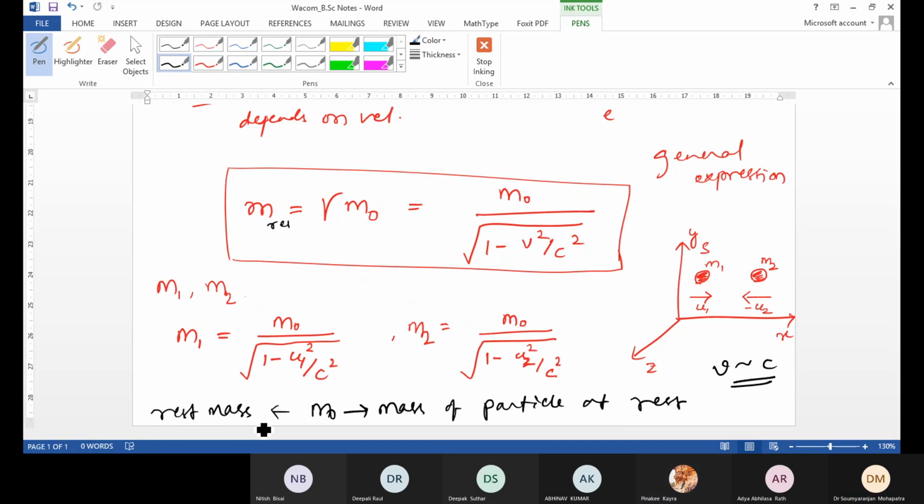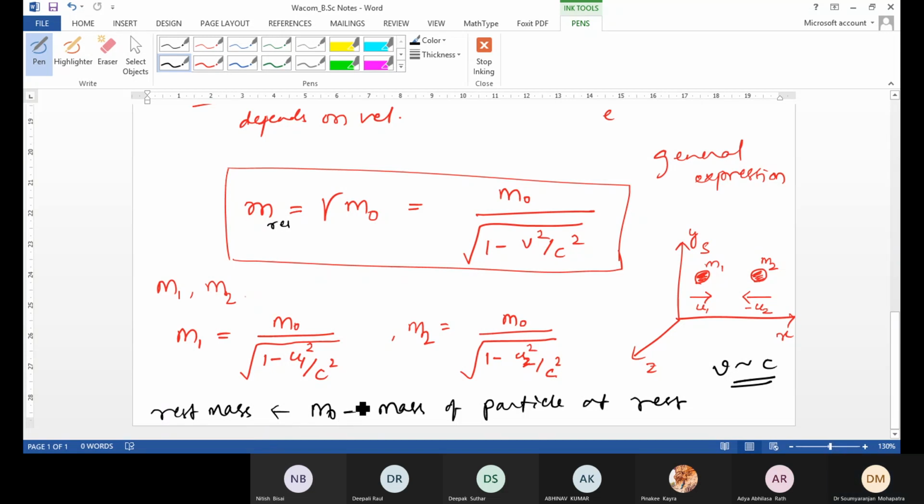This can also be called the proper mass. It means the proper mass of the particle as it is measured in the inertial reference frame in which the particle is at rest. And m is the mass of the particle moving with a certain velocity v. When that approaches nearly equal to c, then the correction factor will come, and that is gamma m naught.